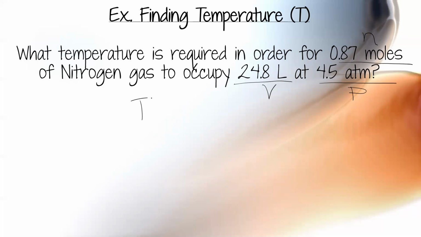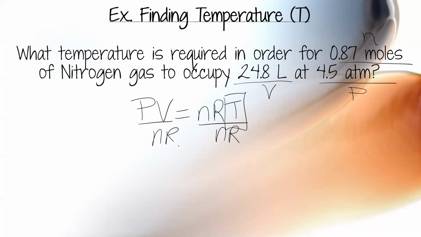Okay, so using my ideal gas law equation, PV equals nRT, I am now solving for T. To get T by itself, I have to divide both sides by N and R. So I have that T is equal to PV divided by NR.